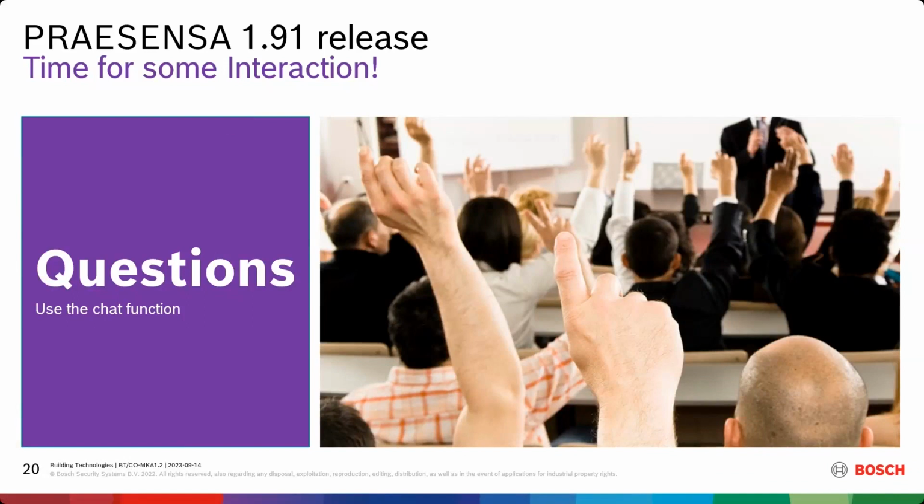Oh, there comes a question in. You did not mention the need of the 1.91 software for operating the PRAESENSA IM1 module. Okay, this is a good point. Yeah, that's right. I forgot to mention this. It's actually pretty important, but it's also labeled on the device. This unit really needs firmware 1.91.